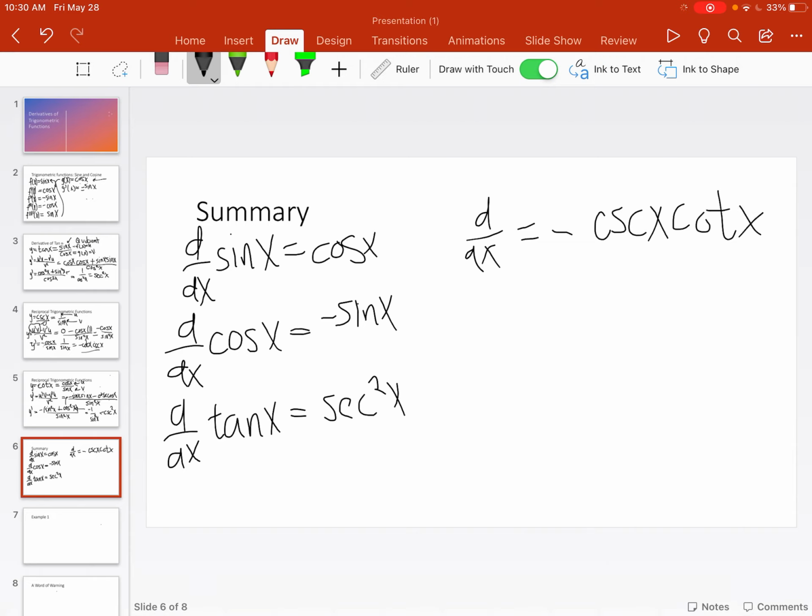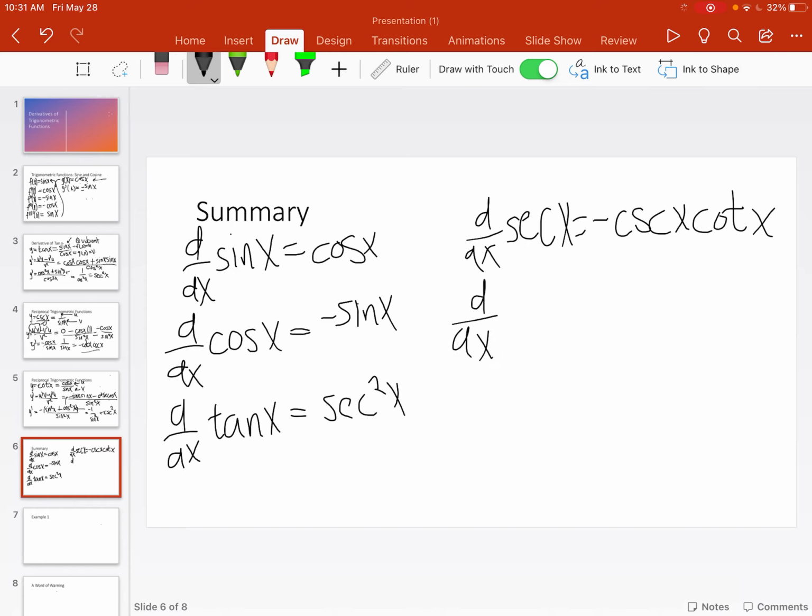Let's say you do your Calc 1 class, and the derivative of cosecant x is negative cosecant x cotangent x.